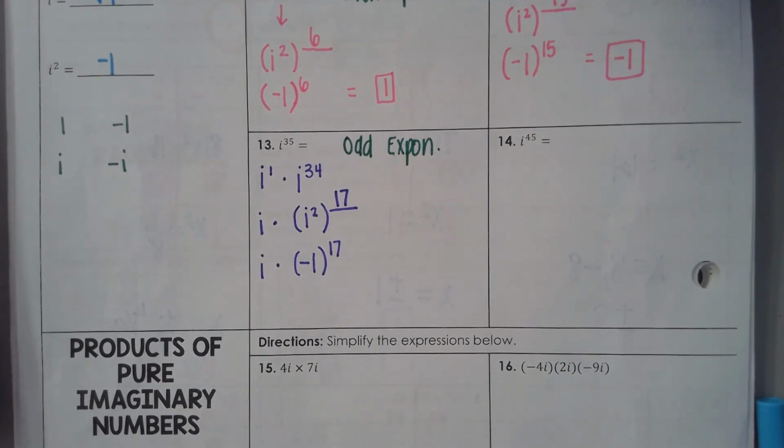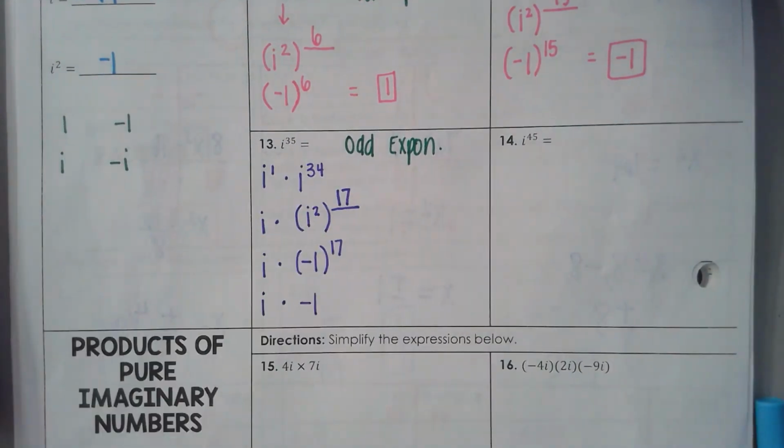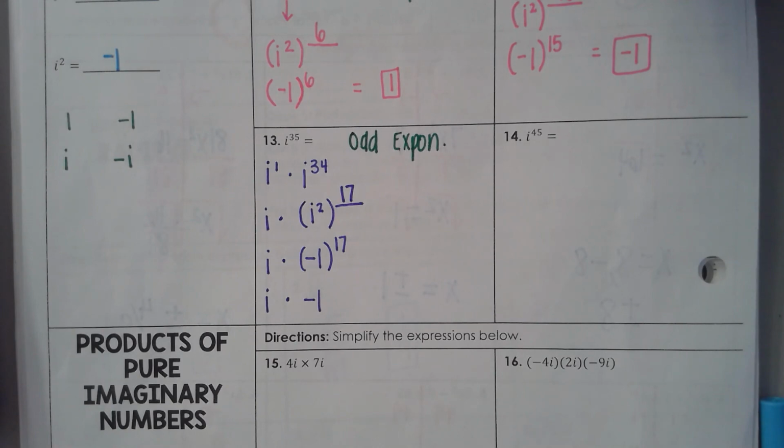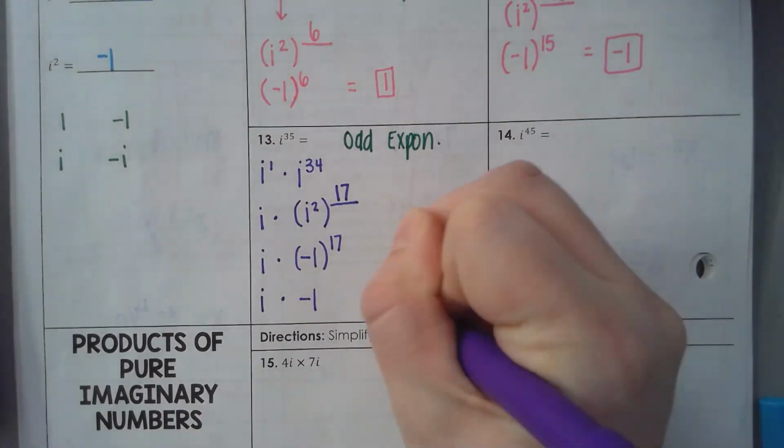It is negative 1. So this is i times negative 1. Which is what? Negative times i. What's that? Negative 1i. Just negative i. Okay.